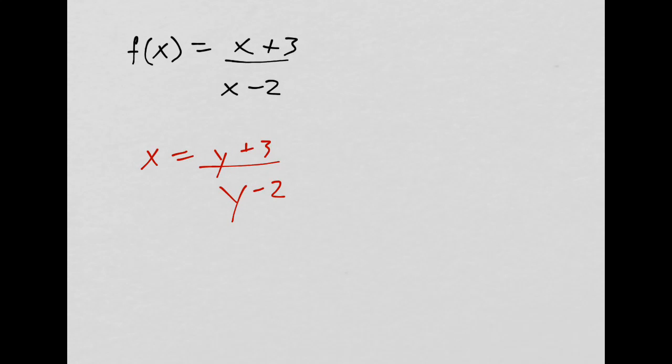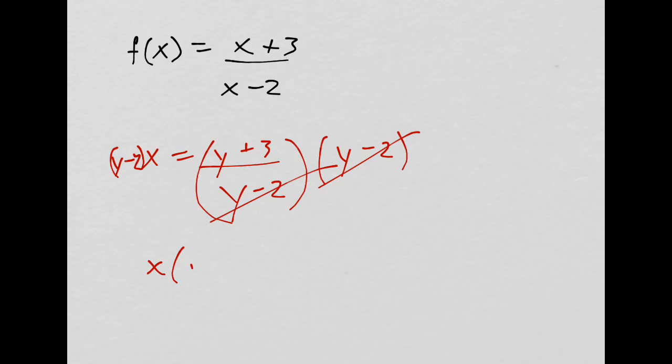And some people are like, I don't know what to do. Well, I'm going to multiply both sides by y minus 2. So that goes away, and then I'll just have x times y minus 2 equals y plus 3.